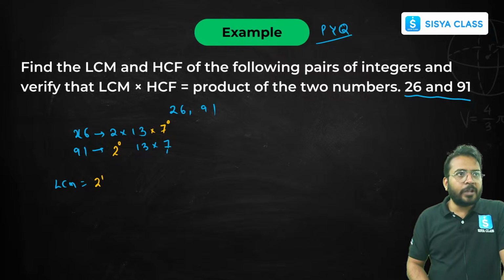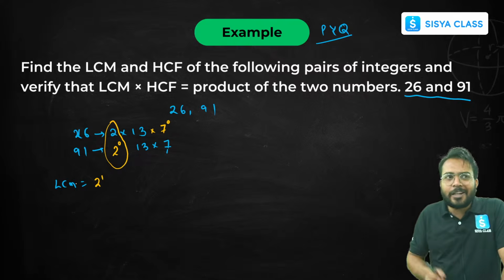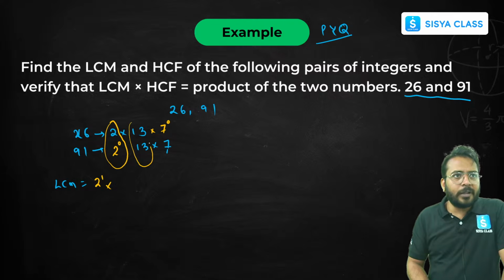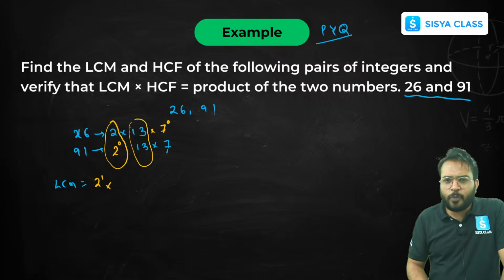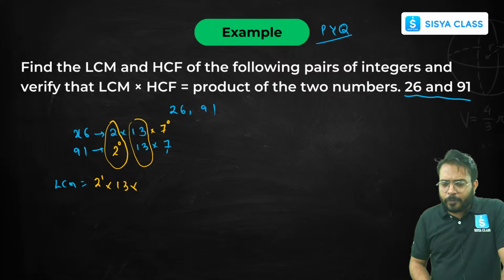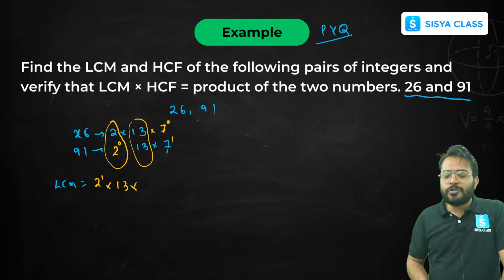For 2 to the power 1 and 2 to the power 0, which one is the greatest? 2 to the power 1. 13 is common to both, 13 to the power 1, so 13 is the common prime factor. And for 7 to the power 1 and 7 to the power 0, which one is the greatest? That is 7 to the power 1, all right.